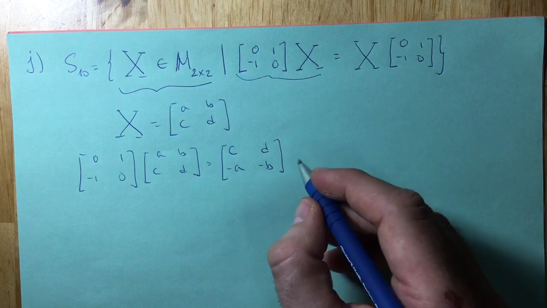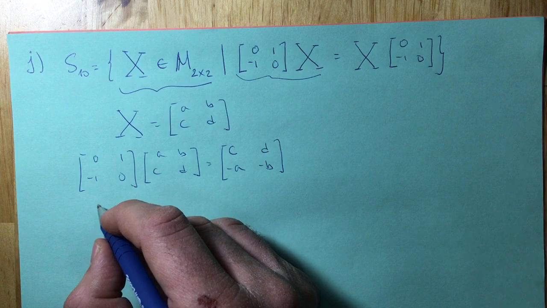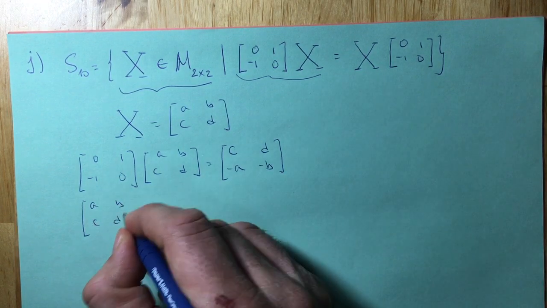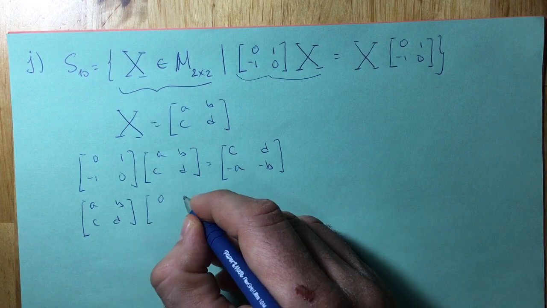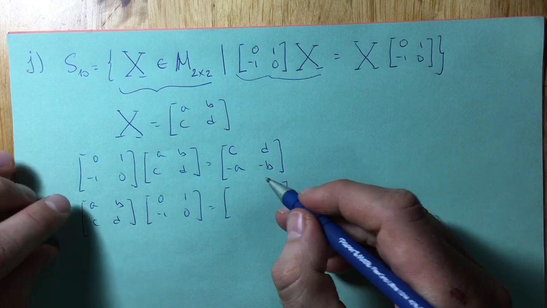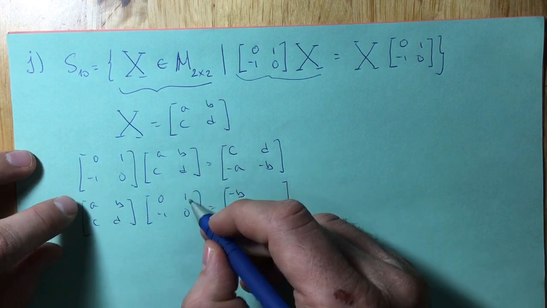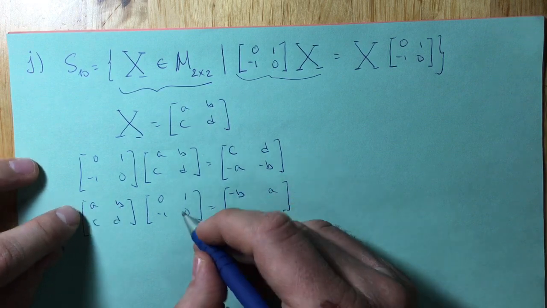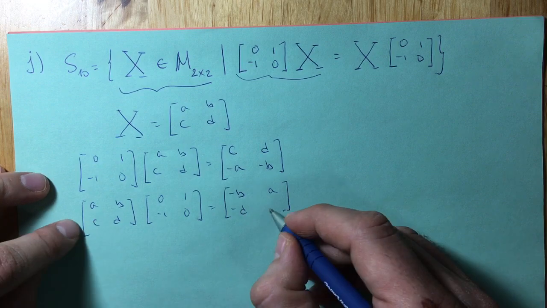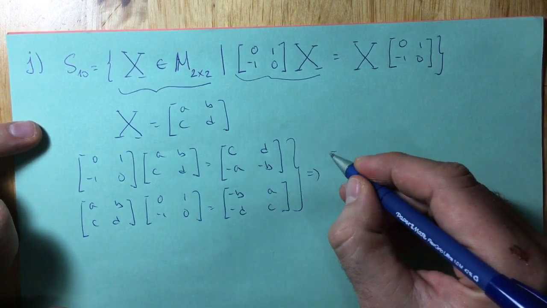On the other hand, this has to be equal to the matrix X, A, B, C, D, times 0, 1, negative 1, 0, and that gives us A times 0 is 0, minus B; A plus 0 is A; 0 minus D is negative D; and C plus 0 is C. So these two matrices have to be the same.